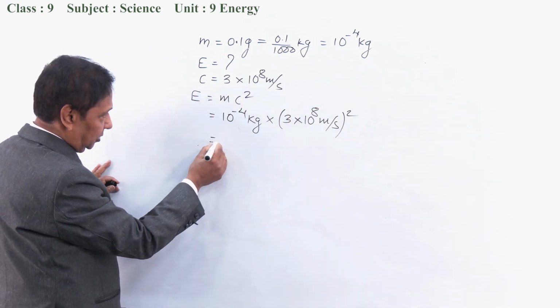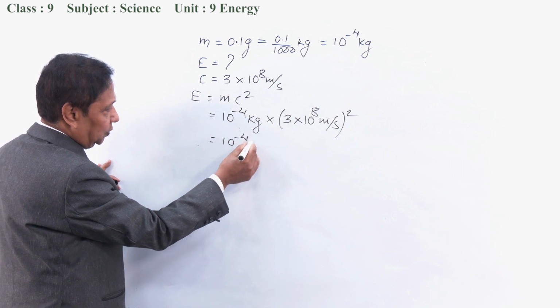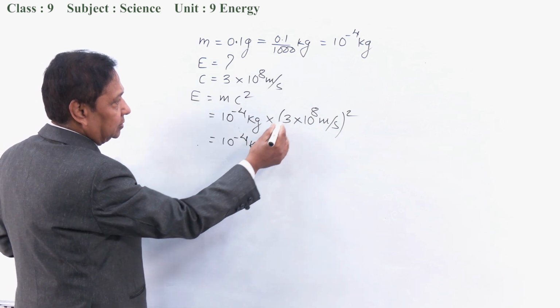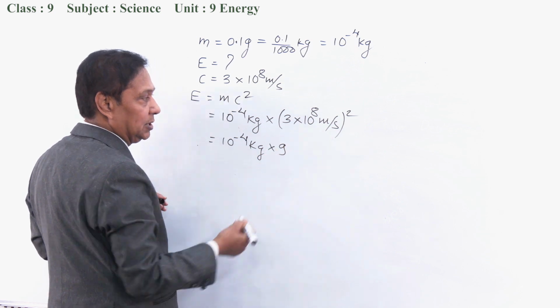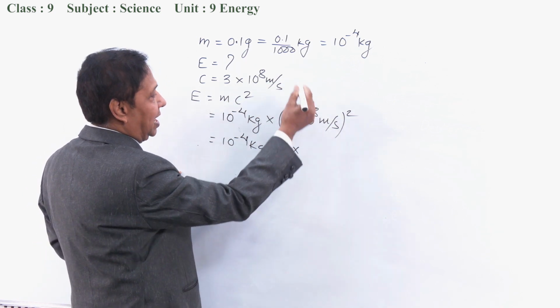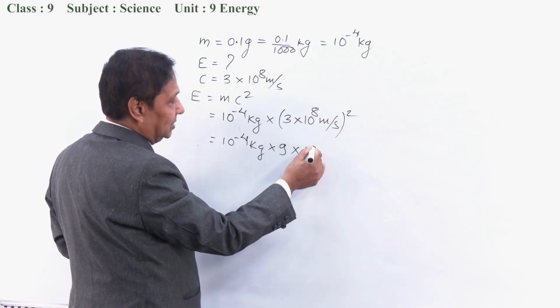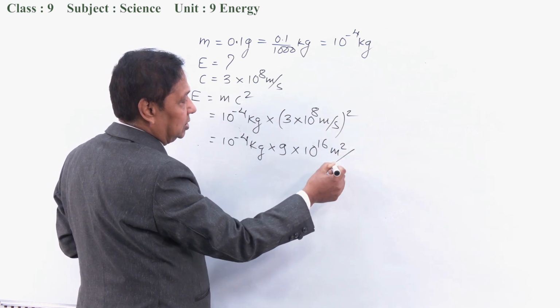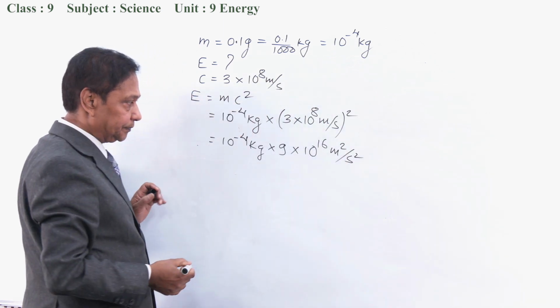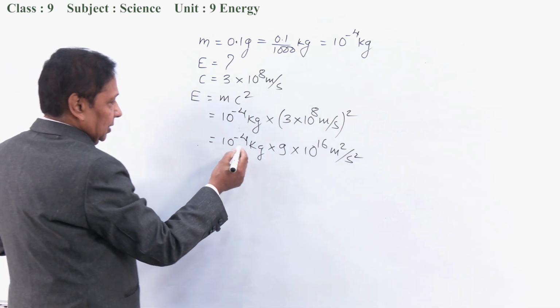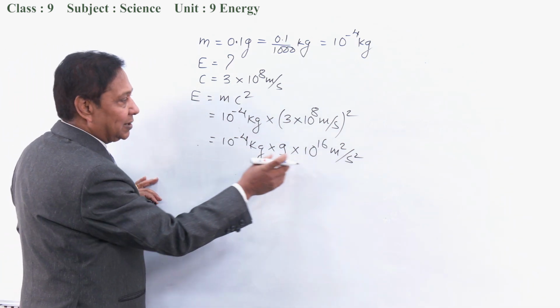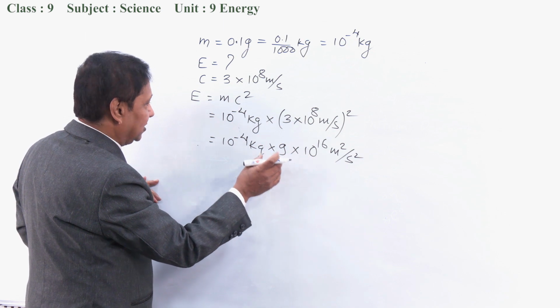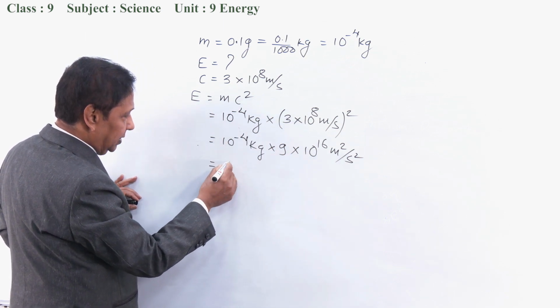Now this is equal to 10 to the power minus 4 kilogram into 3 squared, which is 9, into 10 to the power 8 squared, which is 10 to the power 16, and meter squared by second squared, the unit also squared. Now power of 10 interacts with power of 10, number with number. There is only one number, 9.